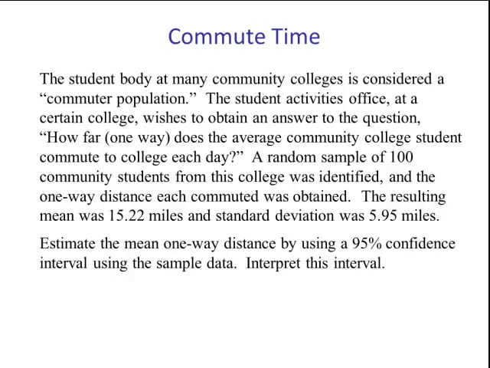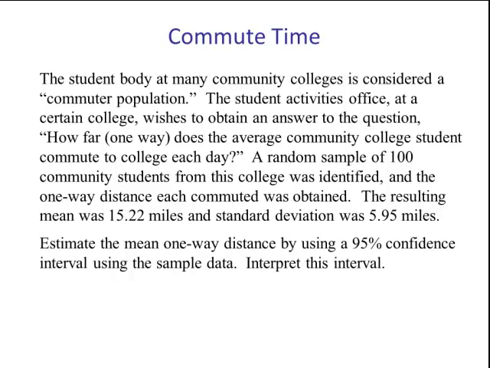A random sample of 100 community students from this college was identified, and the one-way distance each commuted was obtained. The resulting mean was 15.22 miles and the standard deviation was 5.95 miles. Estimate the mean one-way distance by using the 95% confidence interval using the sample data.